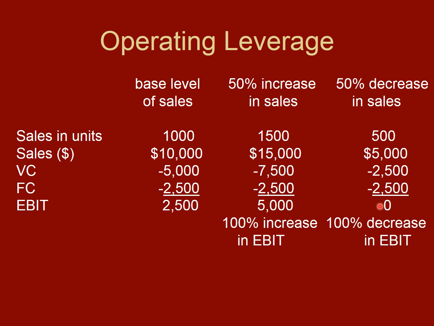So because of a 50% decline in sales, I've had a 100% decline in my EBIT. The point being that operating leverage works exactly the same in both directions, whether you have an increase in sales or a decrease in sales.